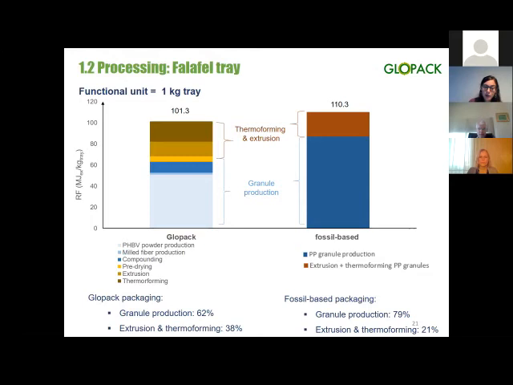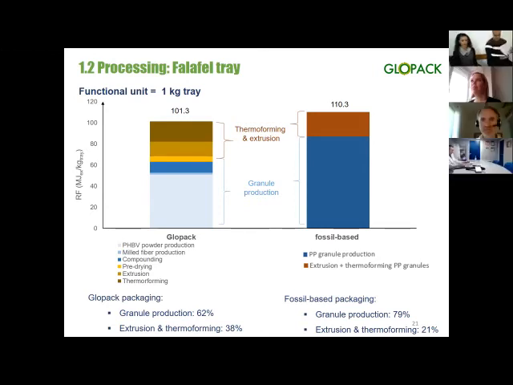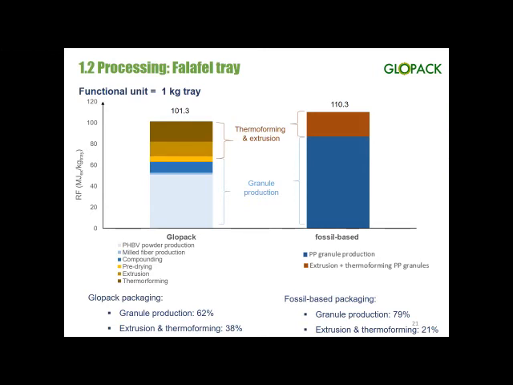Then we have collected data about extrusion and thermoforming, what would be the needs for the case of our GLOPACK tray, and this is primary data. We compared it with a fossil base, and we see that per kilogram tray, the impact for the fossil-based case is higher than for the bio-based case.